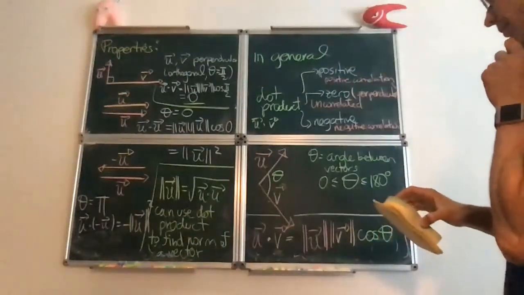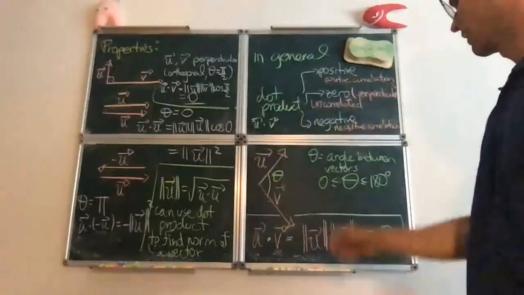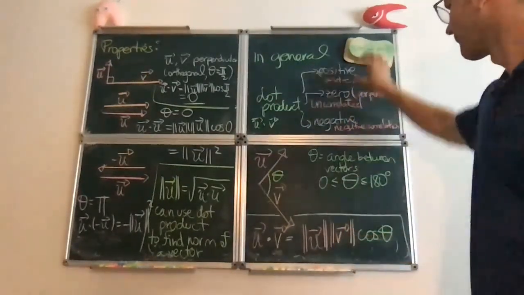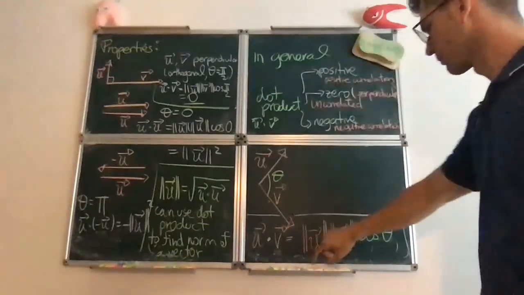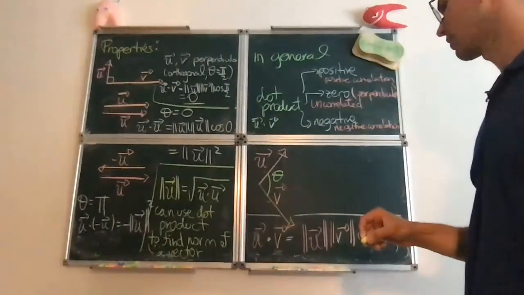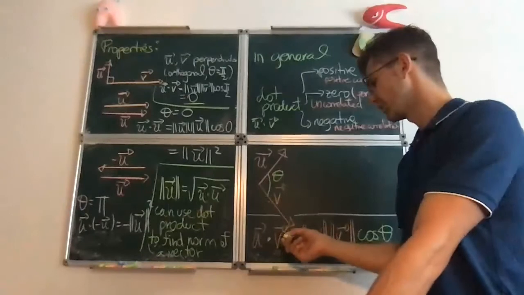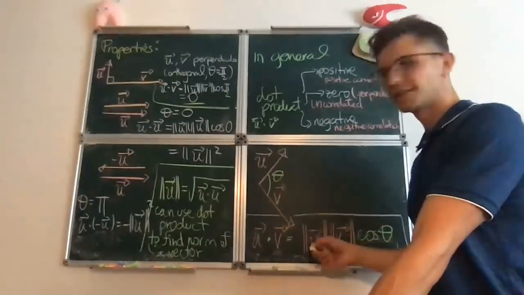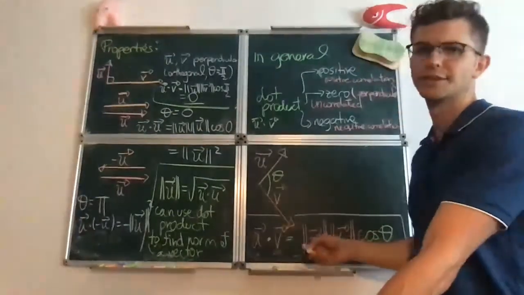One thing that may be useful to point out right now, as you can see from the formula, is another key property of the dot product, which should not come as a surprise: multiplying the size of u times the size of v is the same as multiplying the size of v times the size of u.